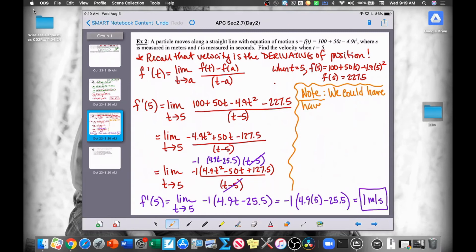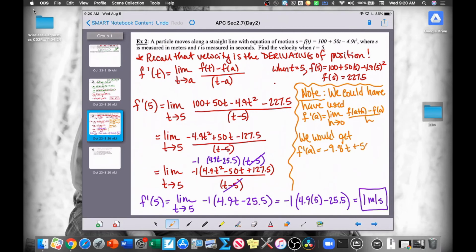We could have used f prime of a is equal to the limit as h approaches 0 of f of a plus h minus f of a over h.